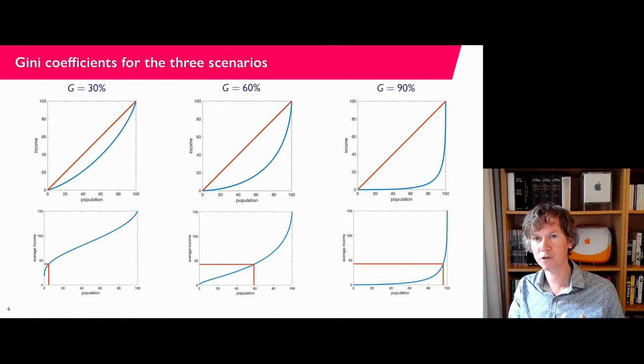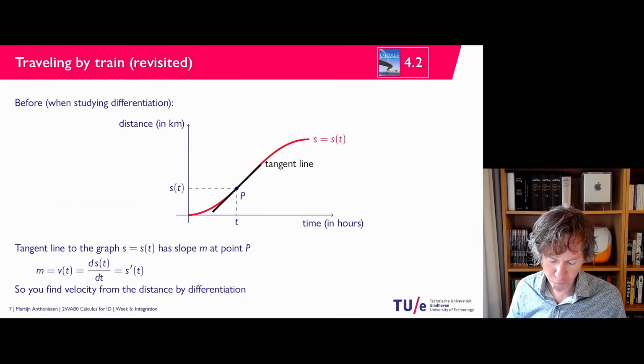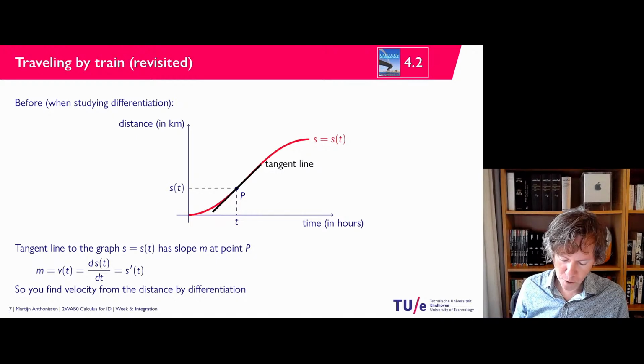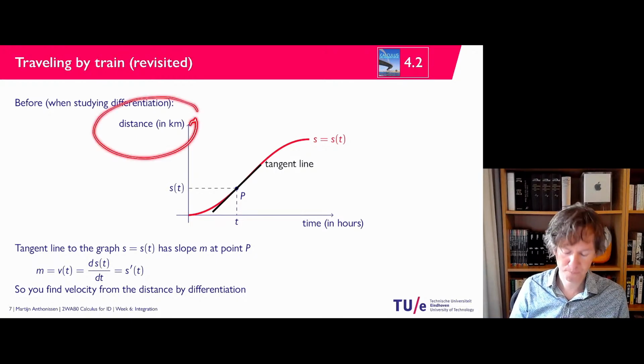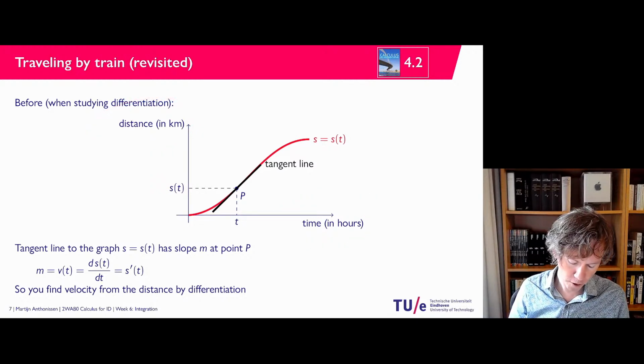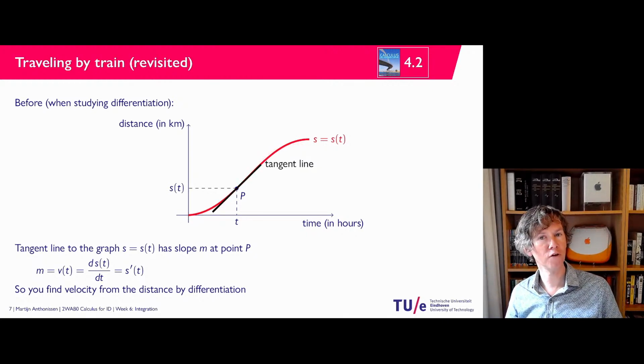Let's do another one, because we will be talking about integration quite a bit, and I would like to convey to you the message that this is an important thing that we need. Now, before, when I talked a little bit about traveling by train, we made a graph where we put on the vertical axis distance traveled, on the horizontal axis time in hours, and we made a simple graph like this, S is S of t, where for instance you're traveling from Utrecht to Den Bosch, and in the beginning you're going quite slow, and then the train picks up speed and it goes quite slow again when it approaches Den Bosch.